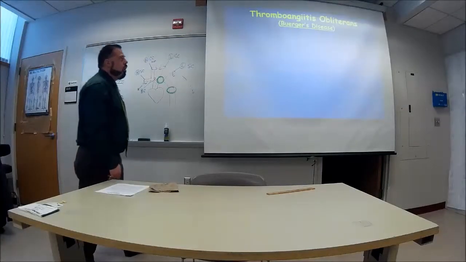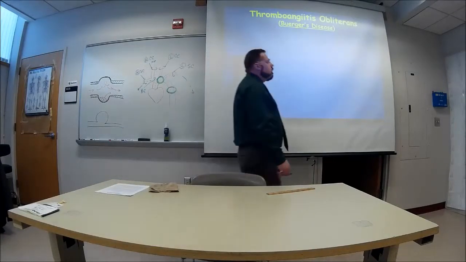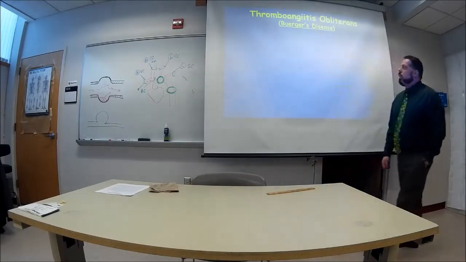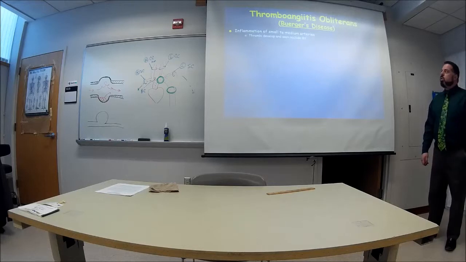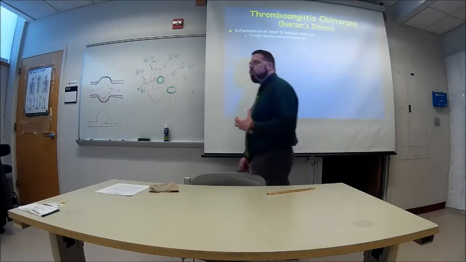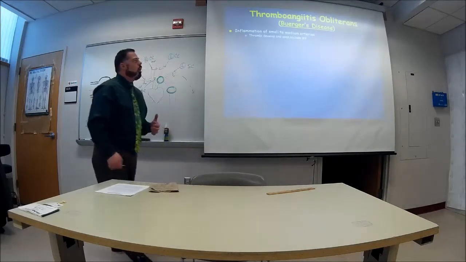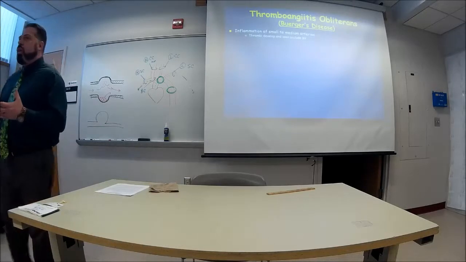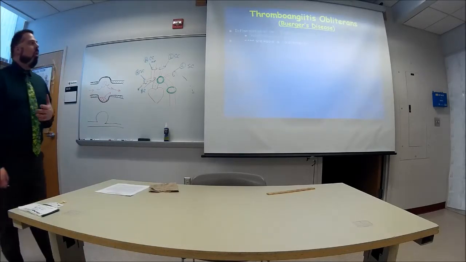Okay? Then we have Buerger's disease. Buerger's disease is inflammation of small to medium arteries, and what happens is there's thrombosis that develops, and it soon will occlude those blood vessels. Okay?